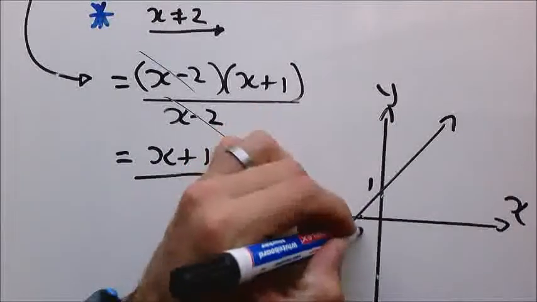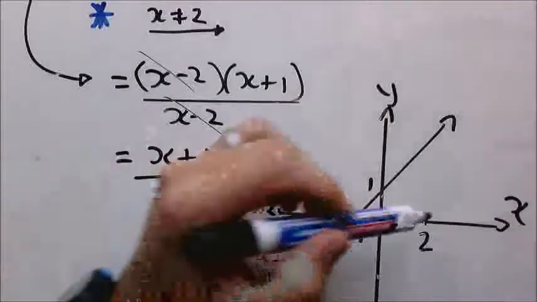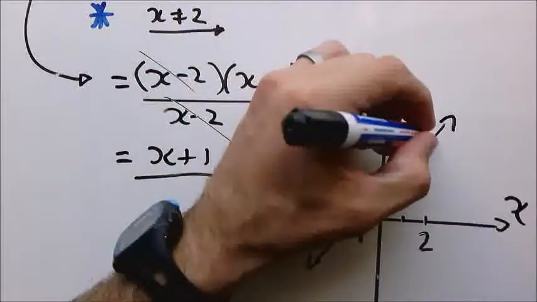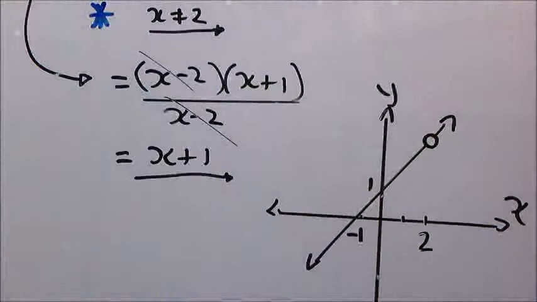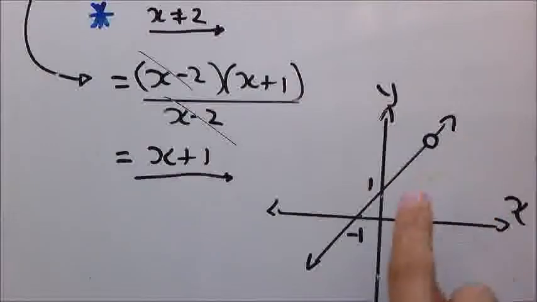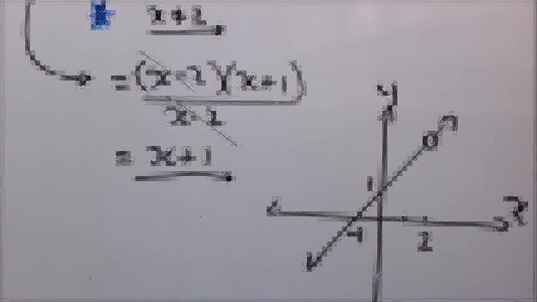So this is negative 1, so 1, 2. So where x is equal to 2, at that point on the graph, it may not be equal to that value. And as you guys know, the moment you have an open circle, that means it excludes that value, right? So this function will look like a straight line graph. It is a straight line graph, perfectly as is, but at that point where x is equal to 2, it will not exist.